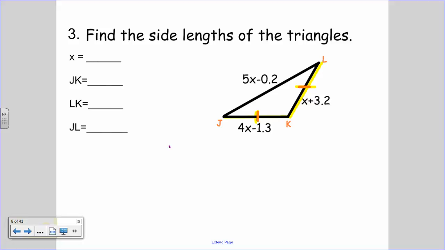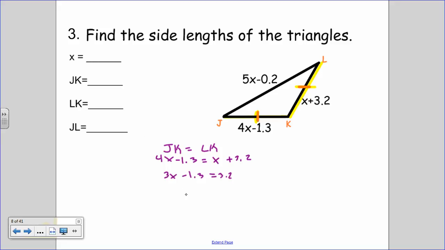So now that I know that JK will have the same length as LK, I can set up an equation. So I would have 4x minus 1.3 equals x plus 3.2. Now I can solve for x. First, I would subtract x on both sides, which would give me 3x minus 1.3 equals 3.2.